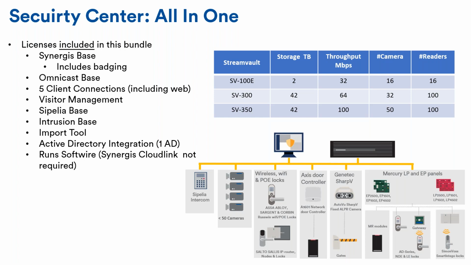Now, what should be noted over here is also the throughput capabilities. As you can see over here, the SV350, the StreamVault 350 series, has a max throughput of 100 megabits per second. So that basically means that whatever cameras and devices you're using to connect to this, the combined bitrate of all of those devices needs to be below 100 megabits per second. If you have an installed environment that has a requirement to go beyond that, then obviously these all-in-one solutions may not be suitable.